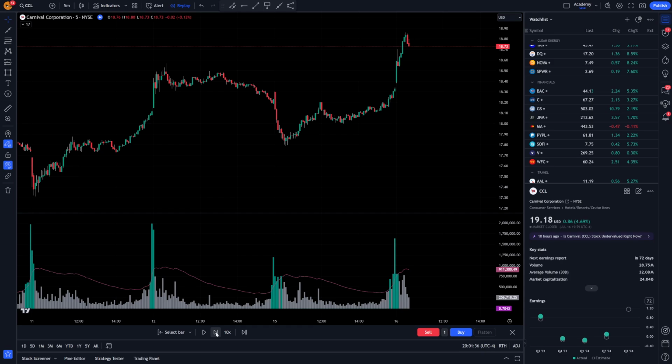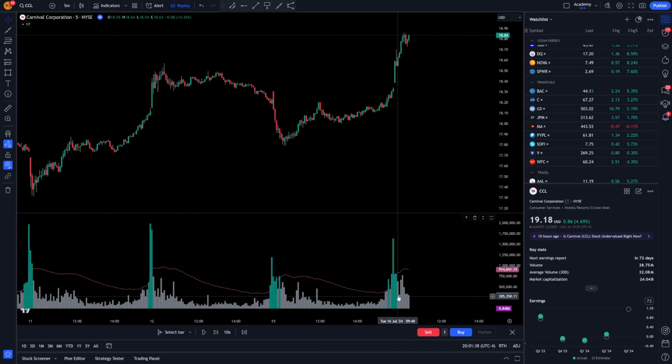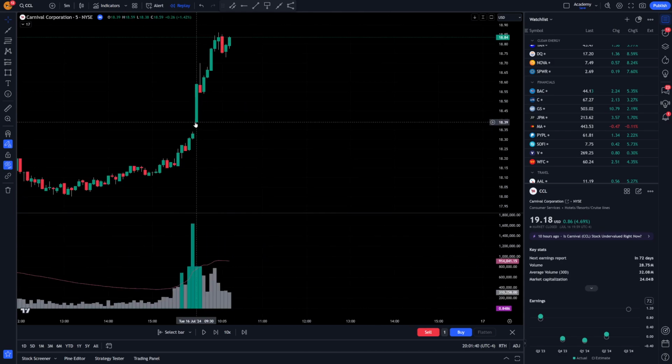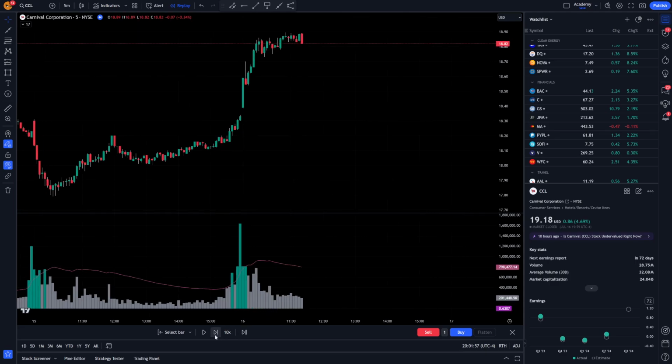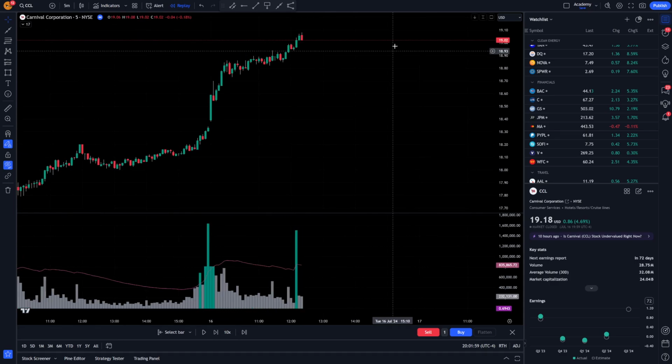Then the next day, back-to-back volume spikes, and look, it ran all the way up. And some people made a bag off of CCL this morning. So this is telling us the relevant information, right? When the volume spikes are happening, that is relevant to us, okay?